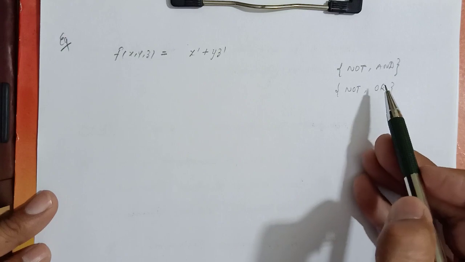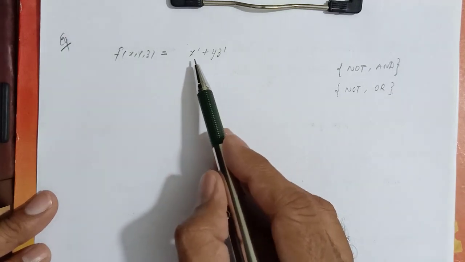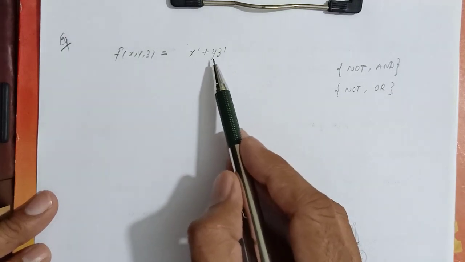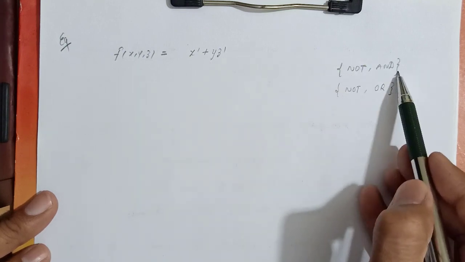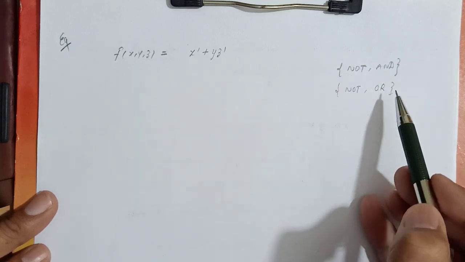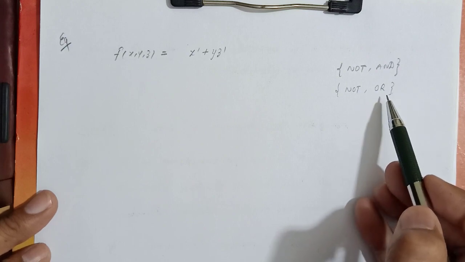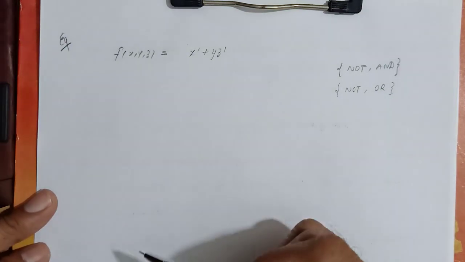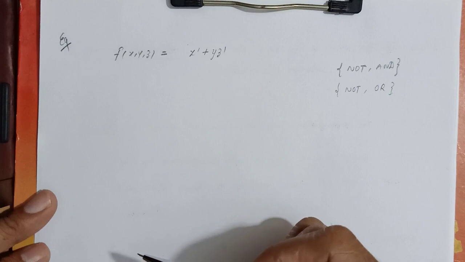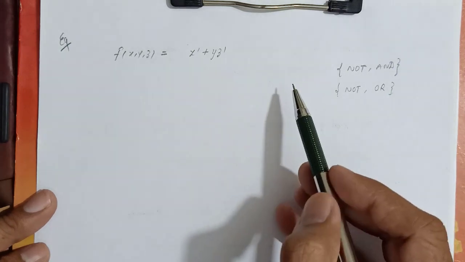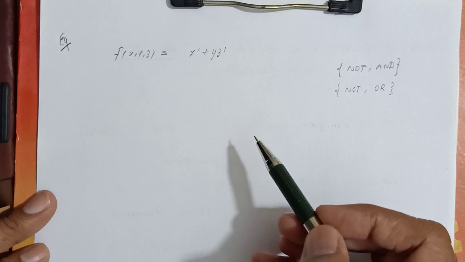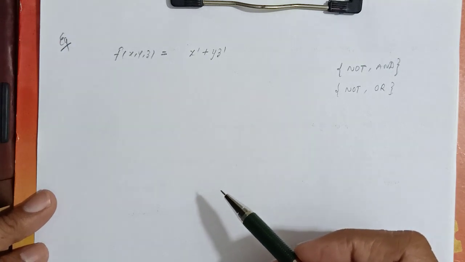So from the given operation we will try to generate either these two operations or these two operations, and then we can conclude that this operation is functionally complete. Whenever we try to generate any known functionally complete set of operations, firstly we will try to generate the NOT operation.